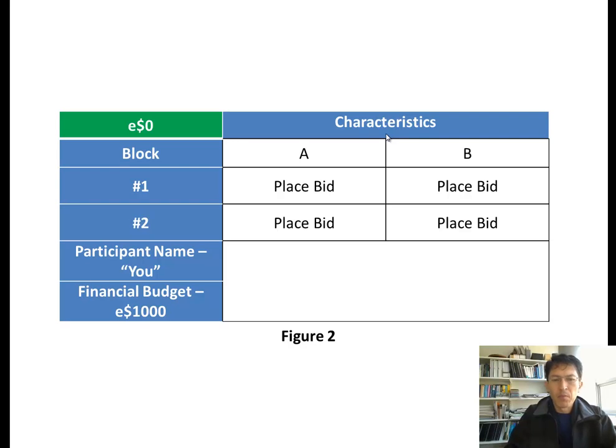If the Place Bid button for any block and any characteristic is active at the end of the bidding round, the price shown in the green box increases by a predetermined amount. At that point, you must decide whether or not you wish to continue bidding for that block at the new higher price.